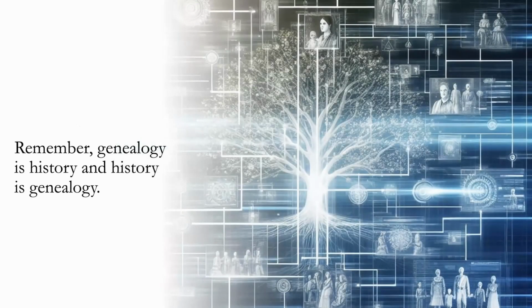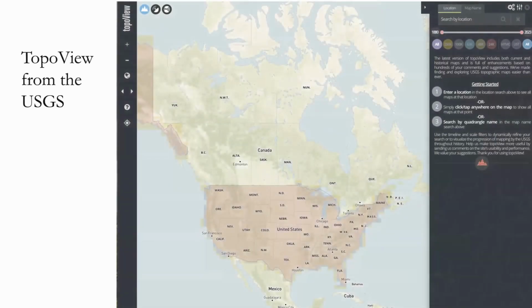So you need to remember that genealogy is history and history is genealogy. And as long as we're finding historical things, that's probably going to help you find more information about your ancestors. We have a tendency to think that we've run out of information once we can't find anything more in a genealogy website or a genealogical collection.